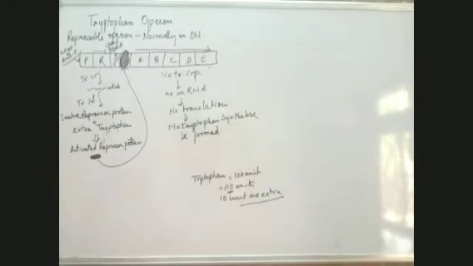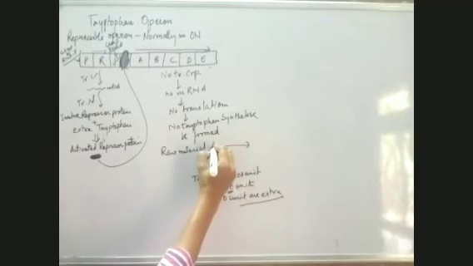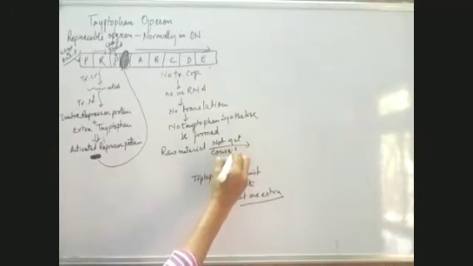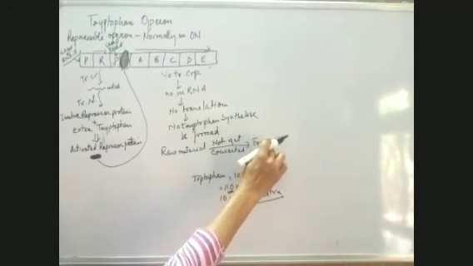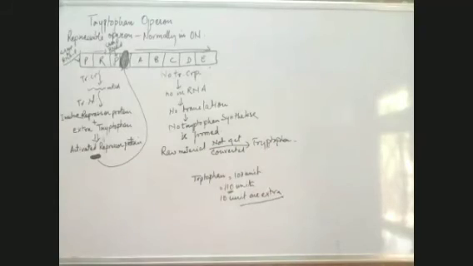When no tryptophan synthetase is formed, the raw material does not get converted into tryptophan. That means no tryptophan is available, because what the body required, that much tryptophan has been formed.